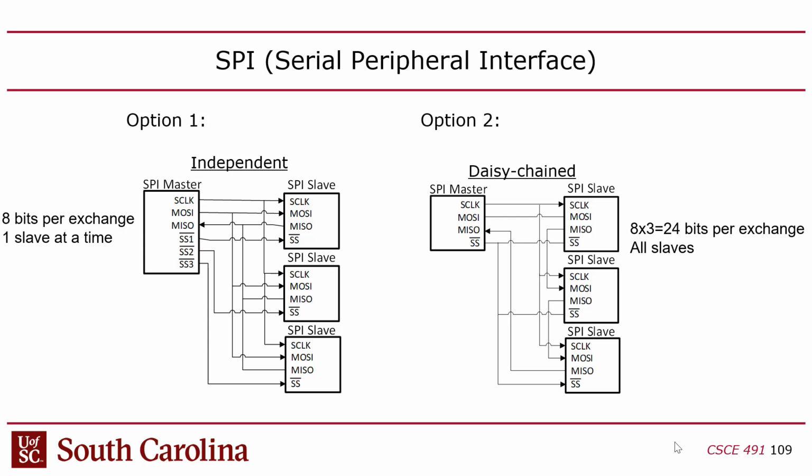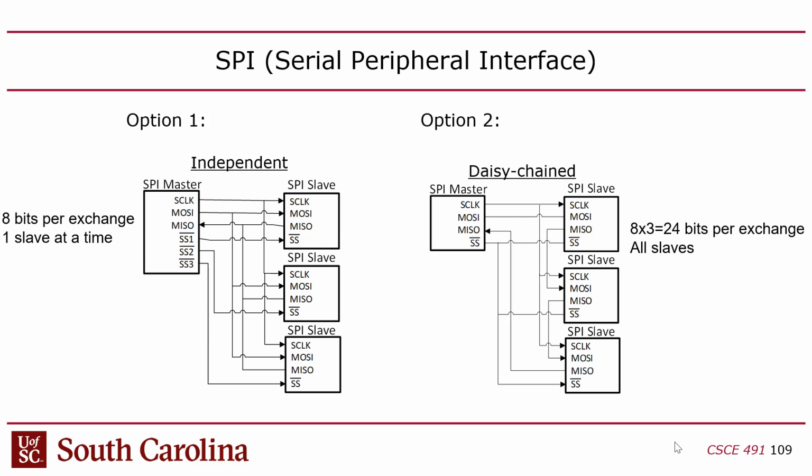MOSI from the master goes into the MOSI of the first slave, and then the MISO of the first slave feeds into the MOSI of the next slave, and so on, until the MISO of the last slave goes back to the MISO of the master. The problem is that the number of cycles it takes to perform each exchange, not transaction, but the exchange, is going to be 8 times the number of slaves.